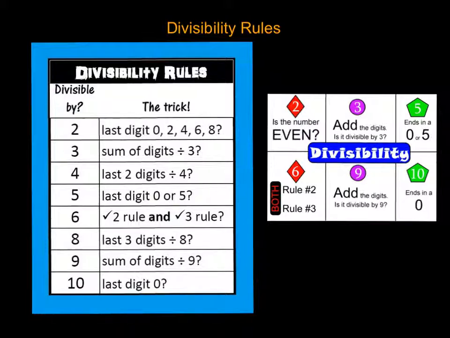For 5, the last digit is a 0 or a 5. For 6, rule 2 and rule 3. For 8, the last 3 digits are divisible by 8. For 9, the sum of the digits is divisible by 9. And for 10, the last digit is 0.